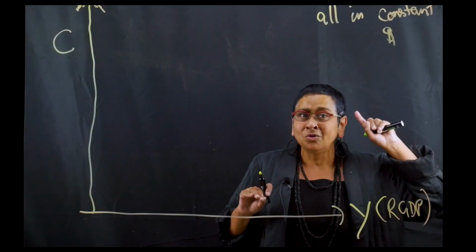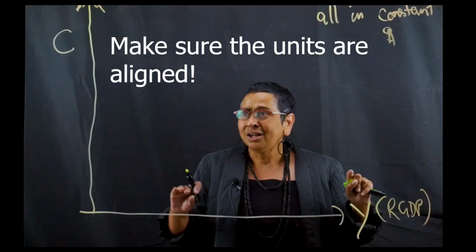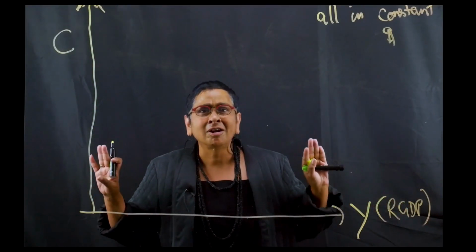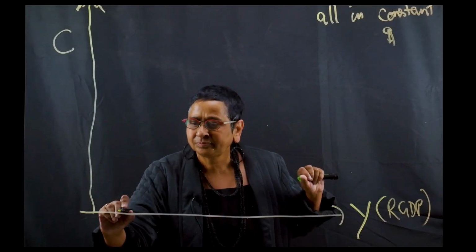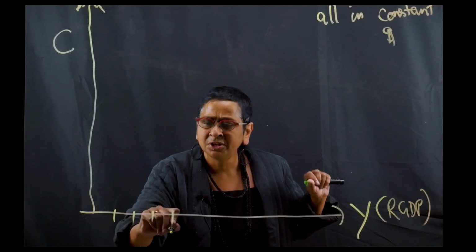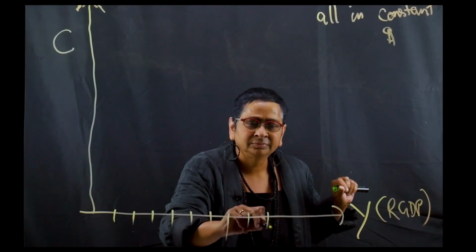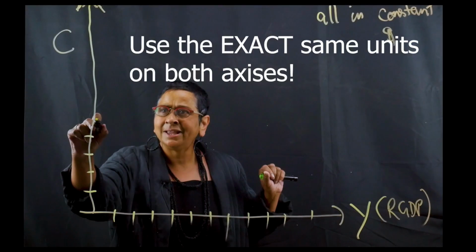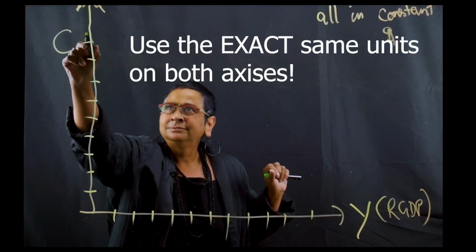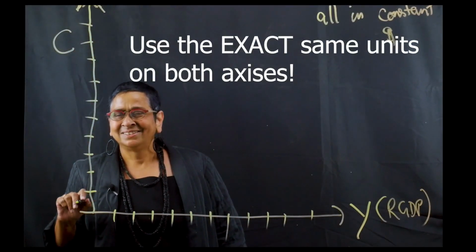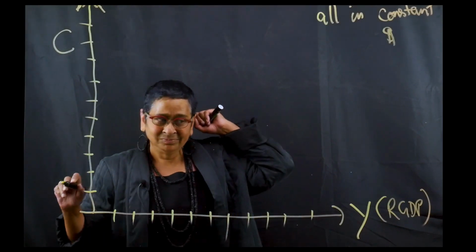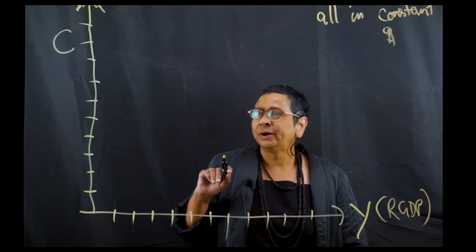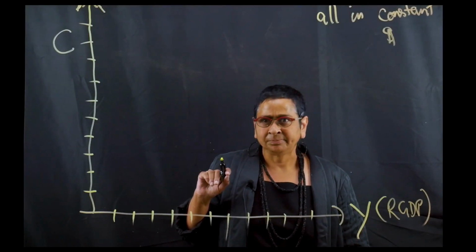As long as you remember to ensure that you've got the units aligned correctly, you'll be able to do a lot of fun things with this graph. So just remember, whatever units you're using on the y-axis, you want to make sure you're using exactly the same units on the x-axis and vice versa. With that in mind, let's go ahead and plot our consumption function.